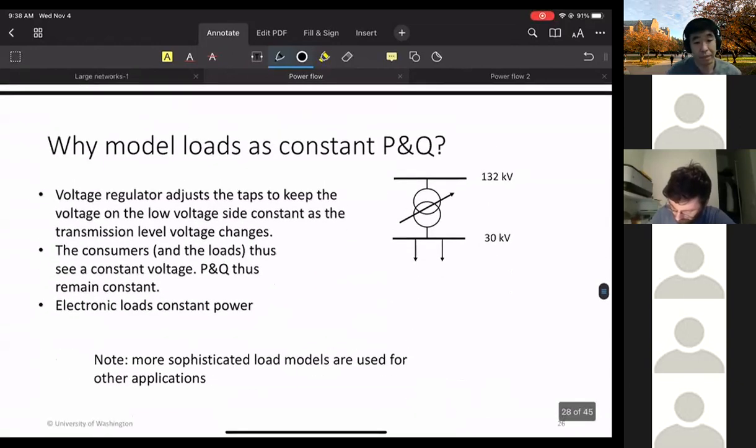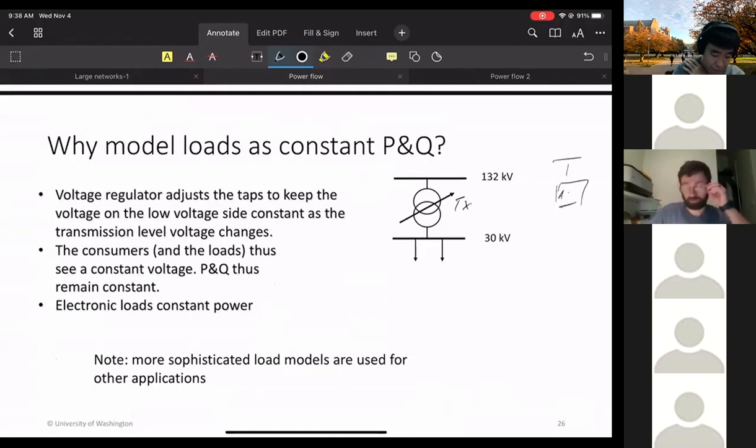Let's go through why we think load buses are constant PQ. It's because mostly you're either sitting behind a transformer or behind something like an AC-DC converter. Always there's something holding the voltage constant. So loads operate with the assumption that the voltage is constant and they change their power draw.